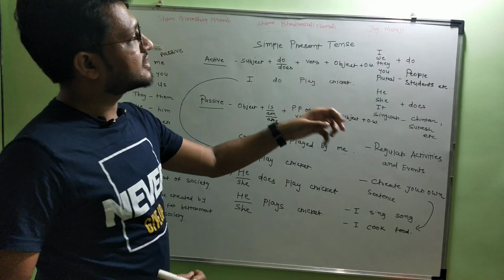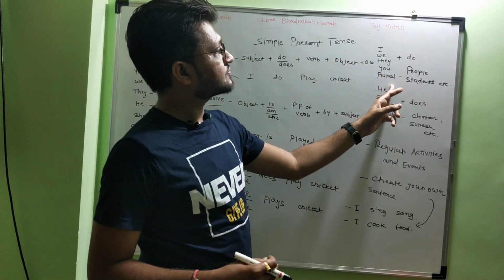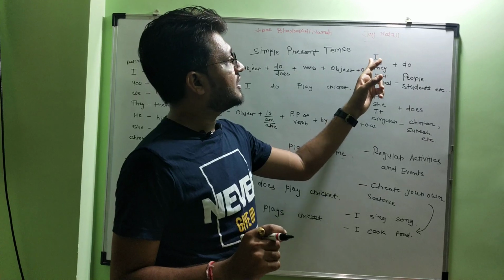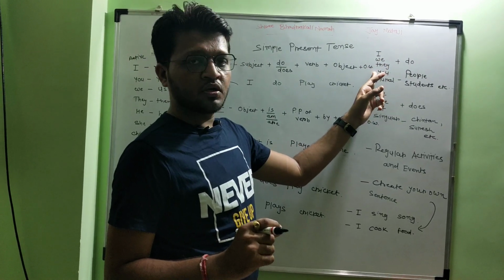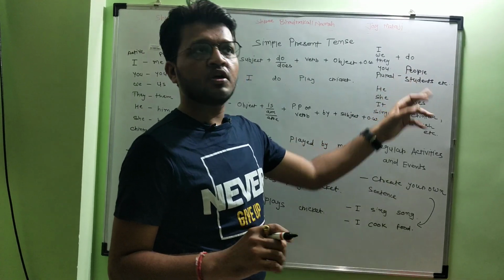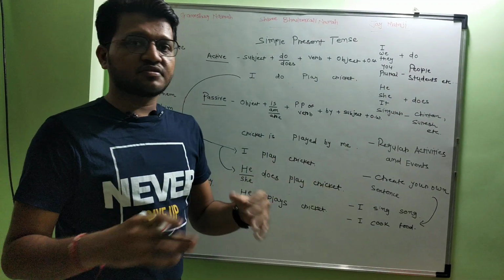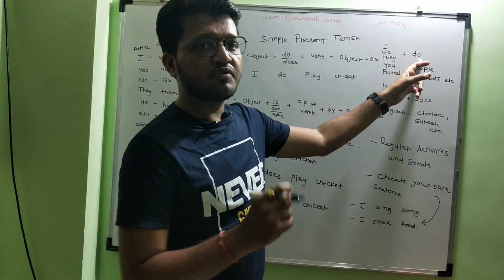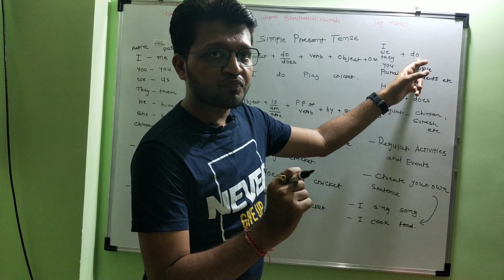For that answer, let's go to this part. If you have any subject like I, we, they, you, or any plural subject, meaning people or students or teachers or anything like that, then with those subjects we need to place do.